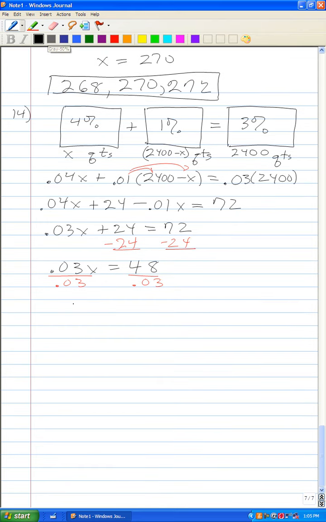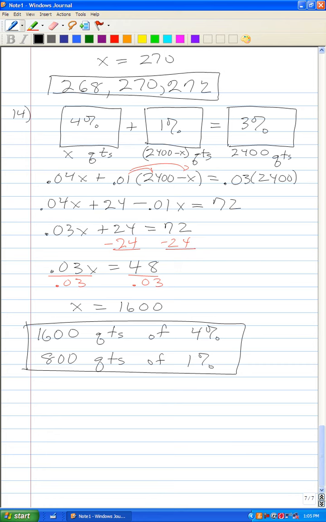And so x is equal to 1,600. And so the answer is 1,600 quarts of 4% milk. And, well, 2,400 minus 1,600 is 800 quarts of 1%.